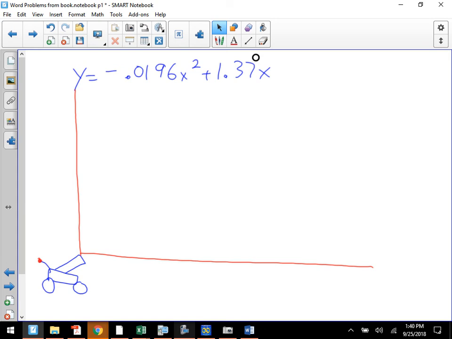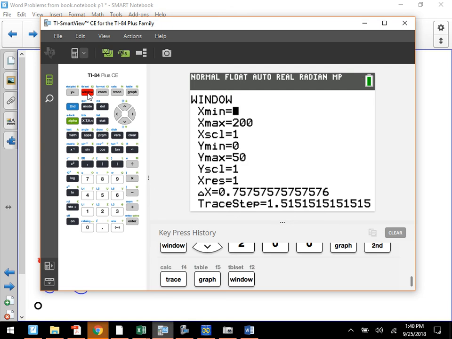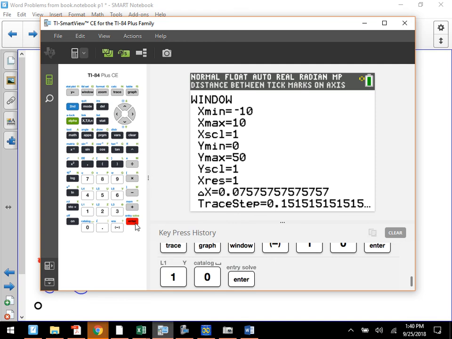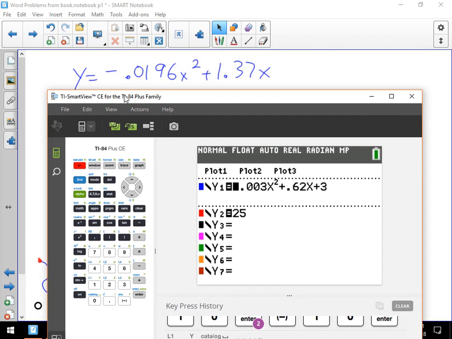So this one, you have to use the calculator. So in your calculator, go to your y equals. Sorry, I'm just redoing my window. Go to your y equals, and we're going to put in the equation here.